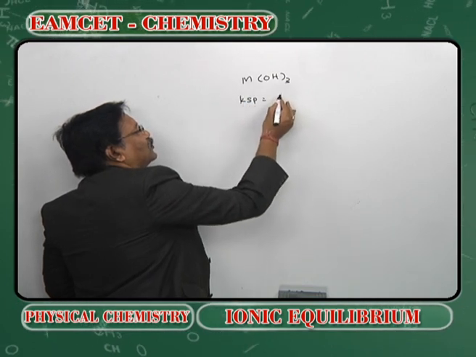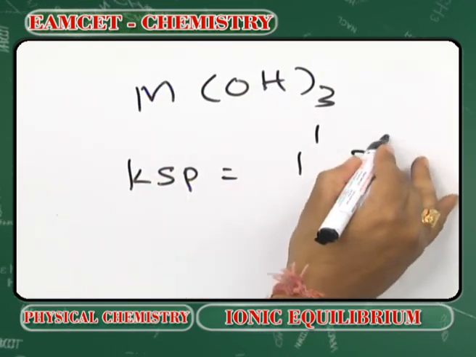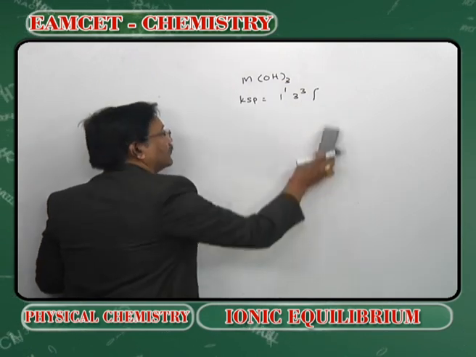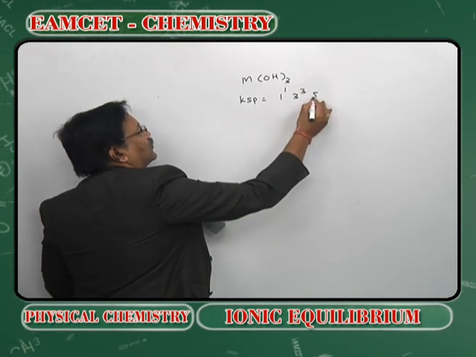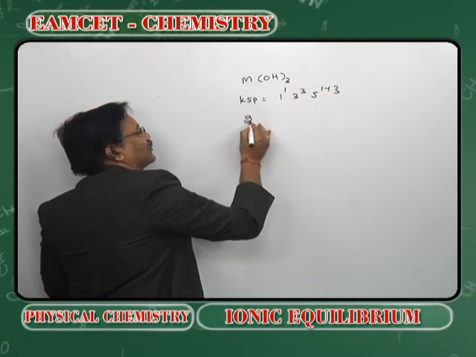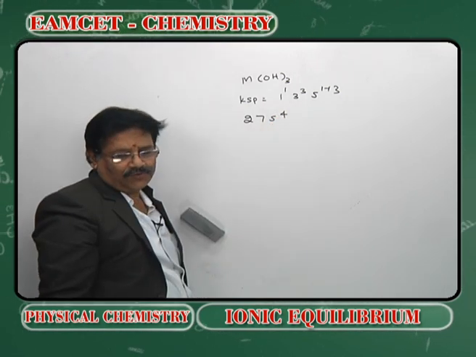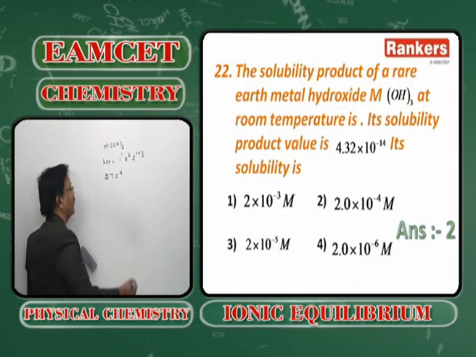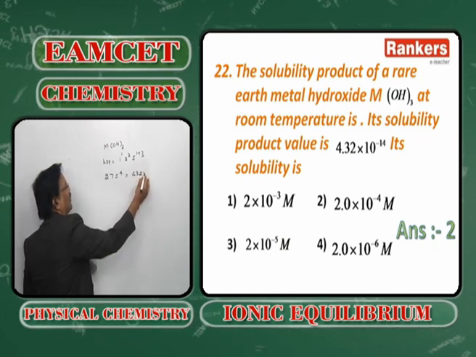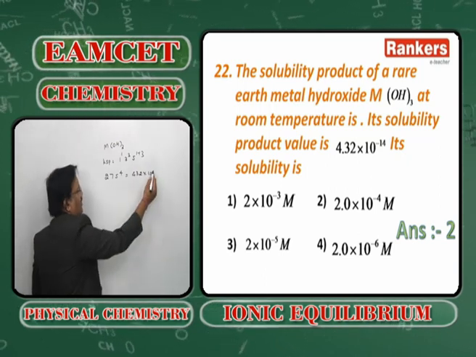Ksp will be equal to s to the power of 1 into 3s whole cube, that is s to the power of 1 plus 3, that is 27 s to the power of 4. 27 s to the power of 4 is equal to, we can write it as 432 into 10 to the power of minus 16.